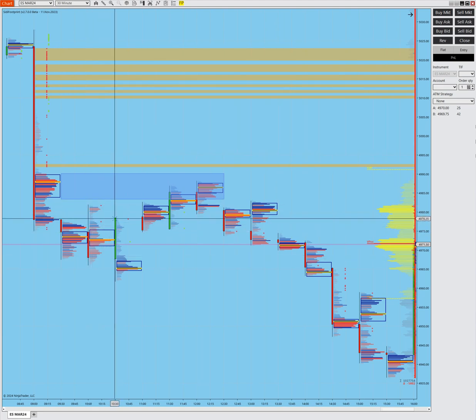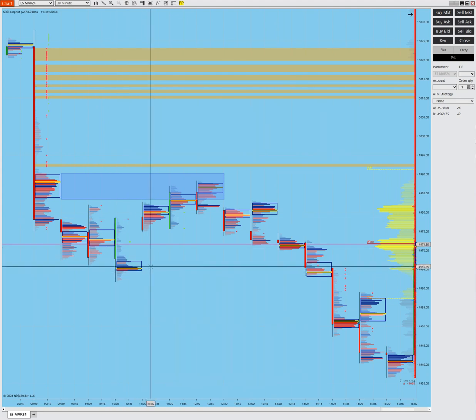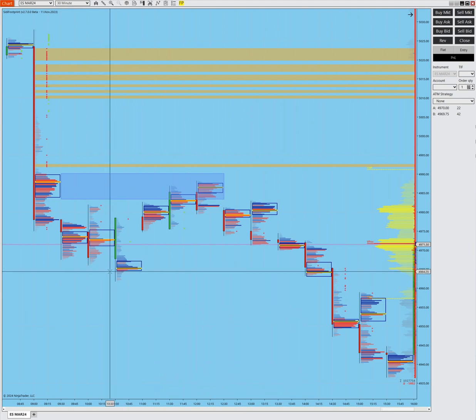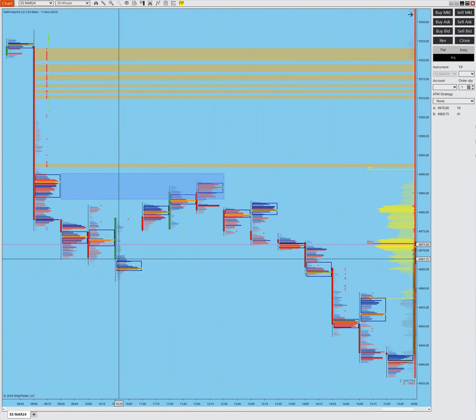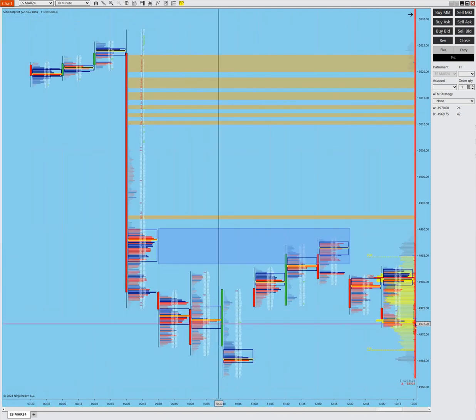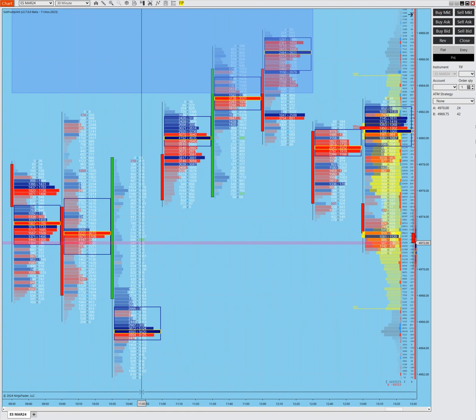The very next candle is when I saw all of this buying right here. All of that blue that you see here. Now I can zoom in and we can actually take a really close look at that.